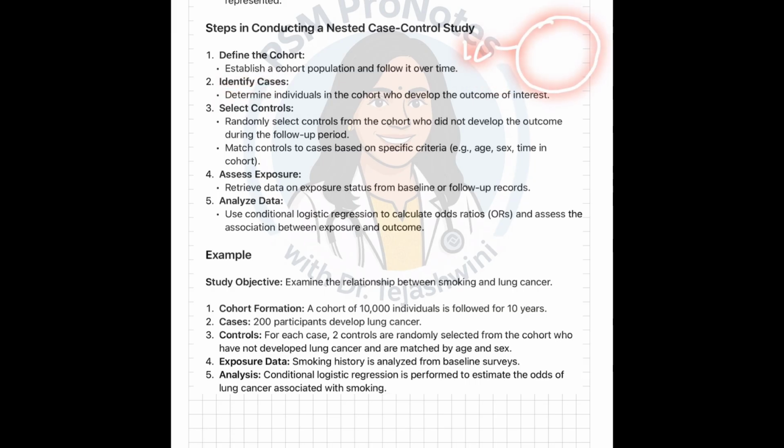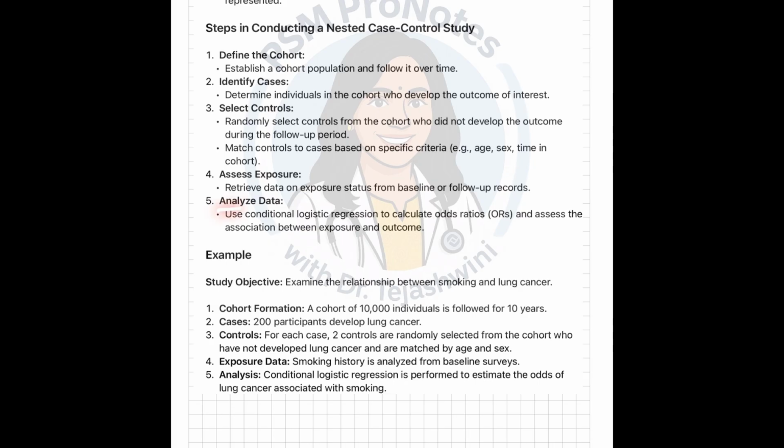Select controls. Select controls from the same cohort, individuals who did not develop the disease during the follow-up. It's important to match the controls to the cases based on criteria like age, sex, or exposure time to reduce confounding. Assess exposure. Once cases and controls are identified, exposure data is retrieved from baseline records or follow-up data.